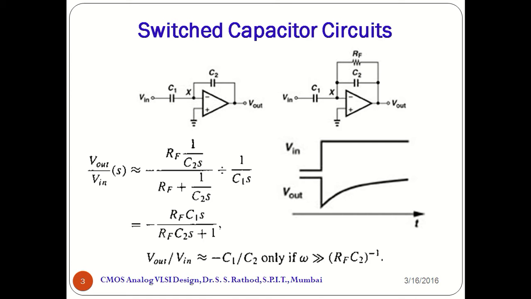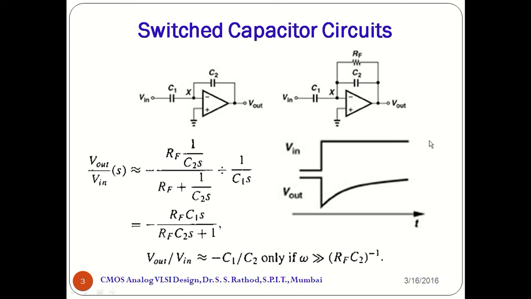This feedback resistor provides the DC feedback while it negligibly affects the AC behavior of the amplifier in the frequency band of interest. Such an arrangement is indeed practical if the circuit senses only high frequency signals. But suppose, for example, the circuit is to amplify a voltage step, which is shown in the right hand side figure.